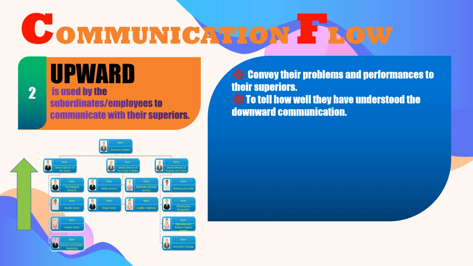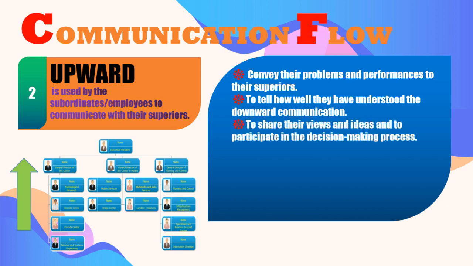They want to tell how well they have understood the downward communication, because in the downward flow there is a certain process that you need to follow in order to communicate with the employees. Now, to share their views and ideas and to participate in the decision-making process.